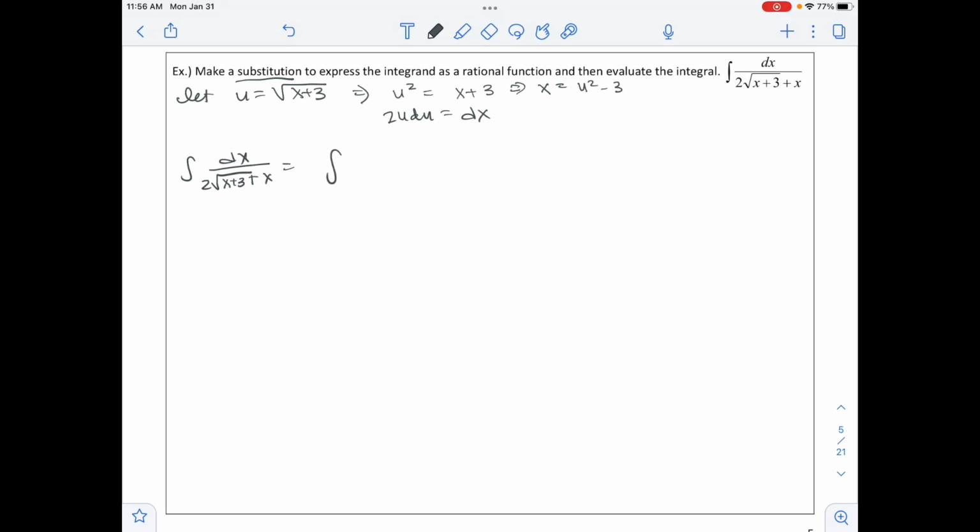And so we have the integral of, and dx is going to be 2u du. And then in the denominator we have 2 times the square root of x plus 3, and that is just equal to u, plus, and then x, since we have that x is equal to u squared minus 3.